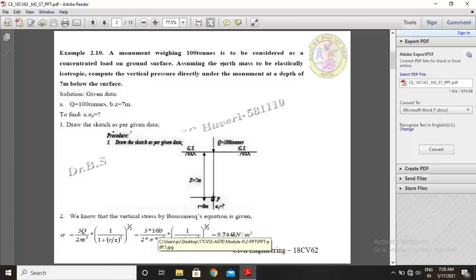Q is 100, Z is 7, here r is 0. After solving the equation, we get 9.74 kilonewton per meter square. This is the vertical stress calculated by Boussinesq's equation.